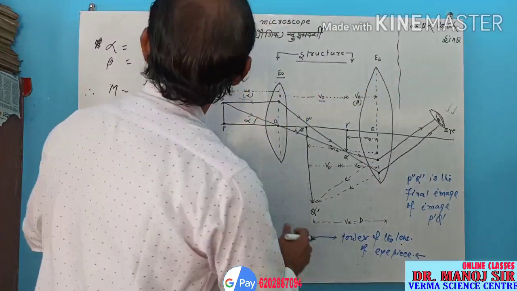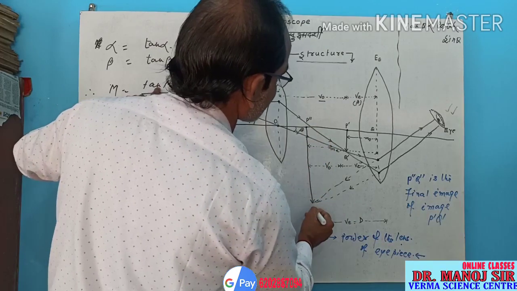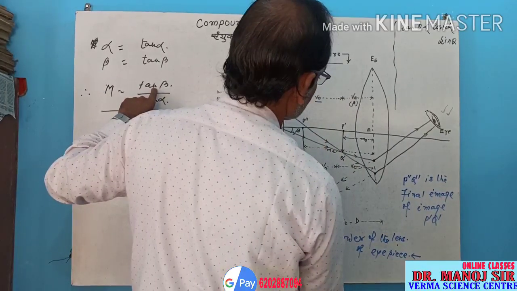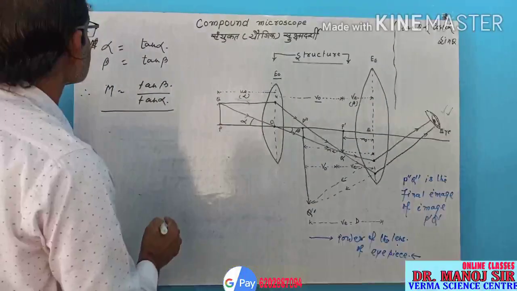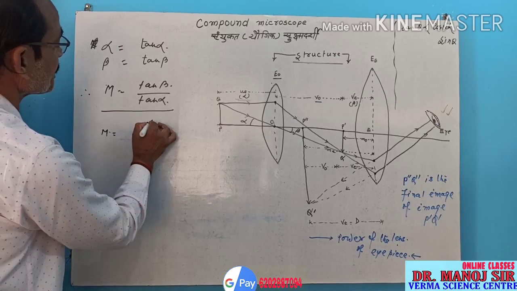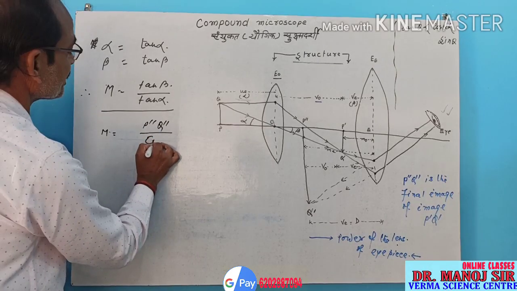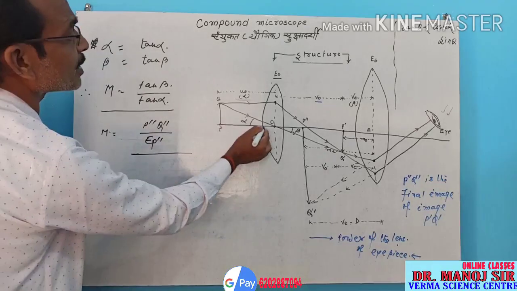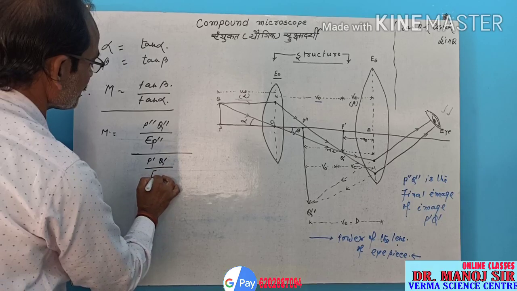Tan beta is the angle of triangle P double dash Q double dash to the optical center. So M can be written as P double dash Q double dash by EP double dash, upon tan alpha, which is P dash Q dash upon EP dash.